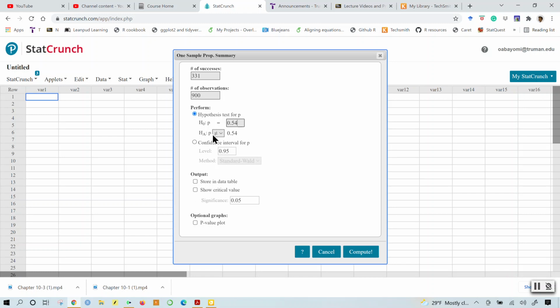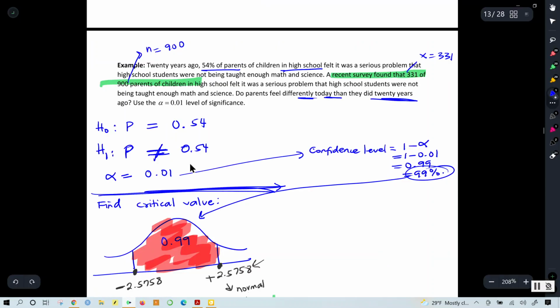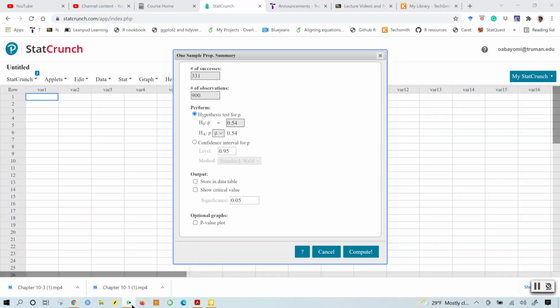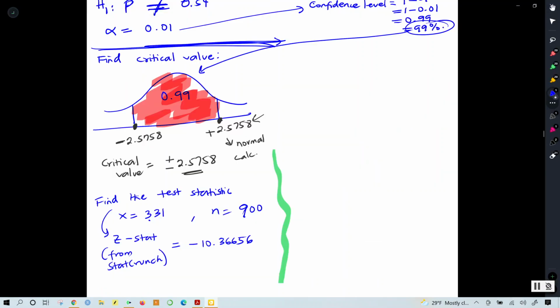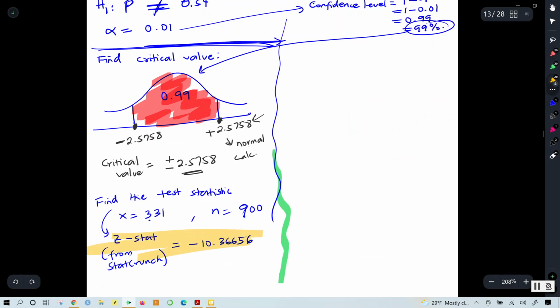Then make sure to check the inequality. The inequality here is not equal to, and that is a default one, so I don't need to change that. Hit compute. And from compute, I have my Z-stat calculator here. So my test statistic is negative 10.36656, right here, Z-stat. So right now on your screen, you can see that I currently have my test statistic.